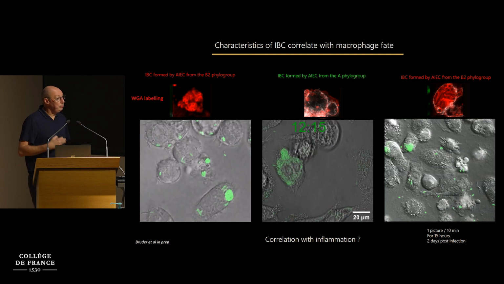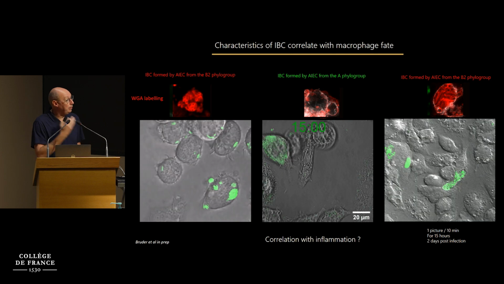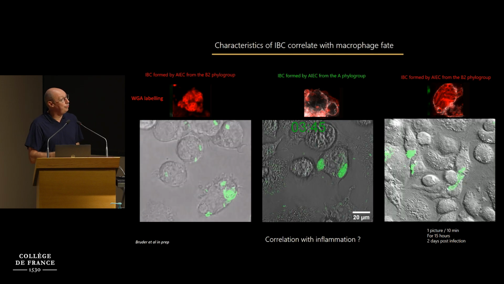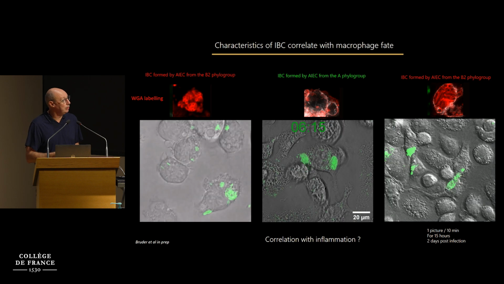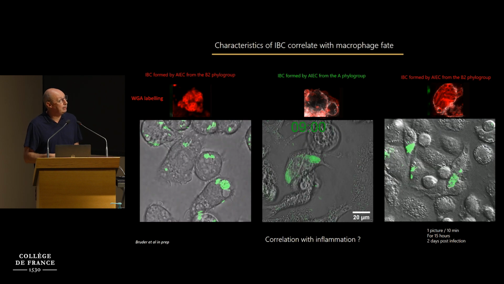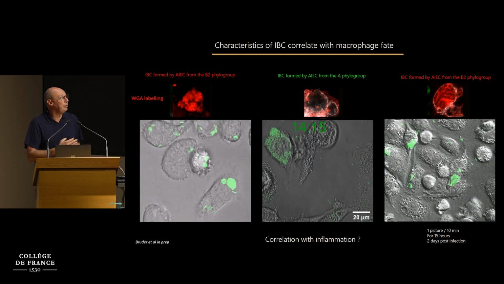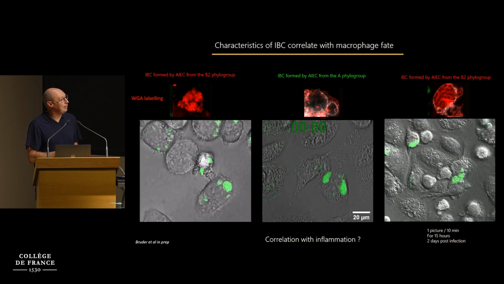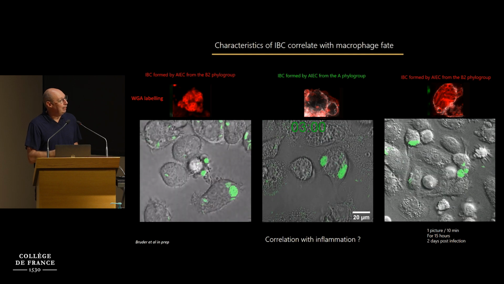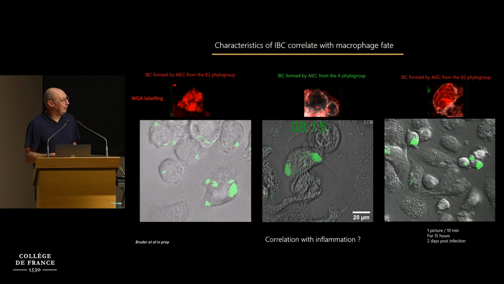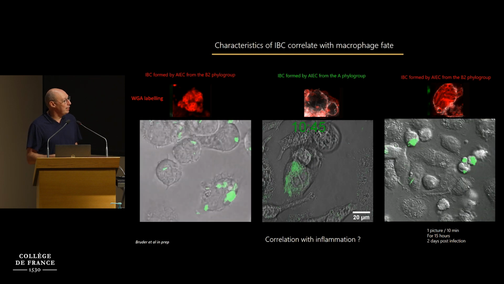So this is really stereotypic. I mean, these bacteria always do things like that. This one always does things like that, and this one always does things like that. And it changed a lot the outcome of the infection when we look at macrophage in ex vivo, in vitro assays.